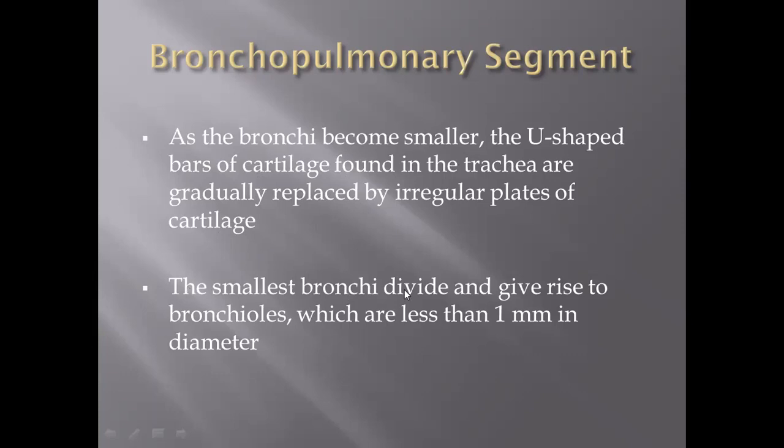The smallest bronchi divide and give rise to the bronchioles, which are less than 1 millimeter in diameter. When you no longer get the complete C-shaped ring of cartilage, we call them bronchioles.